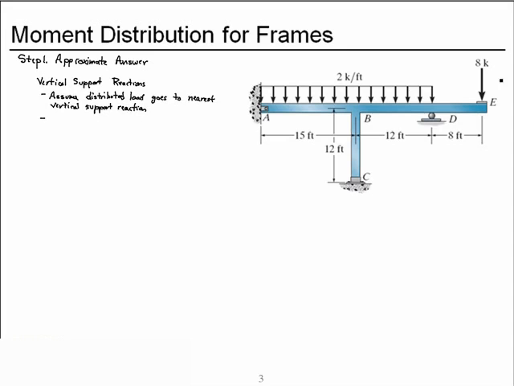Now for this load at the end of the cantilevered end, we're going to assume that the concentrated load goes to the nearest support since it's cantilevered.